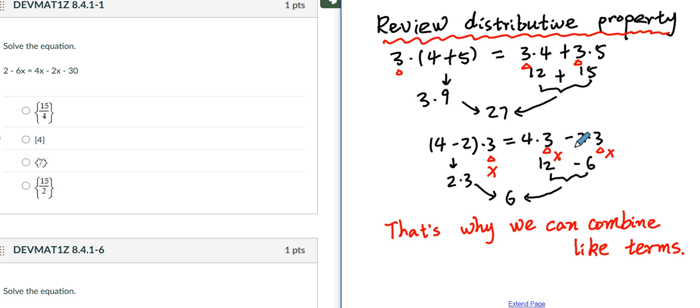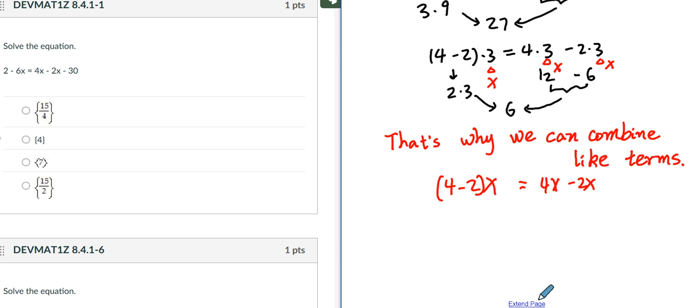Then it comes to be 4 times x minus 2 times x on the right-hand side. The left-hand side will be (4 minus 2) times x. So this comes out like 4x minus 2x equals (4 minus 2) times x. This actually gives us 2x.